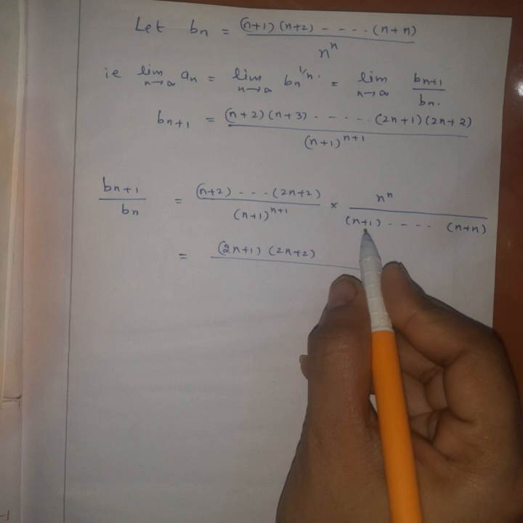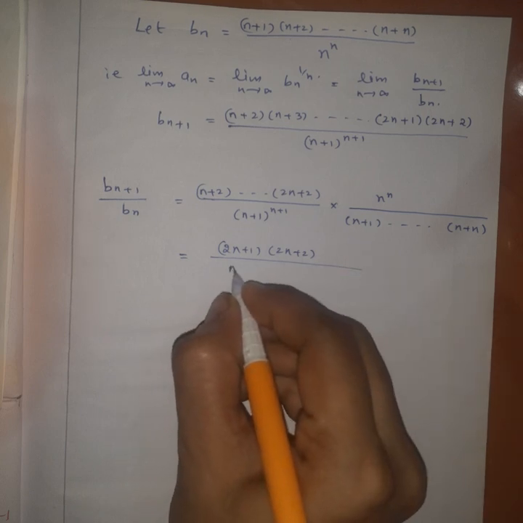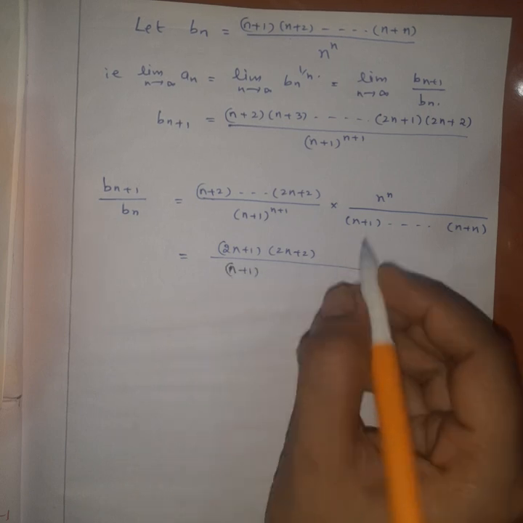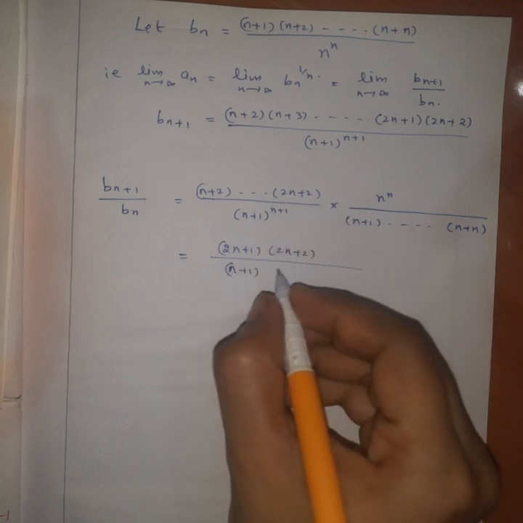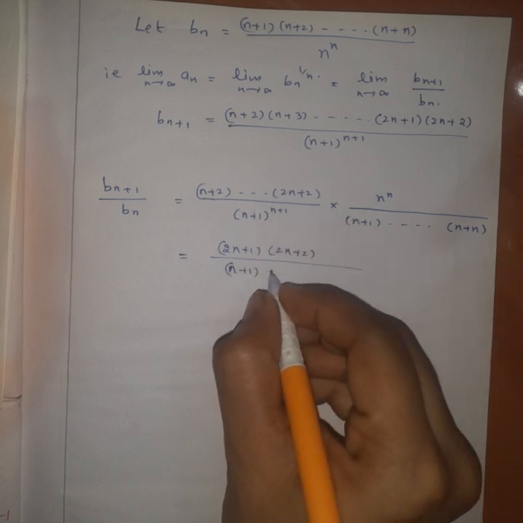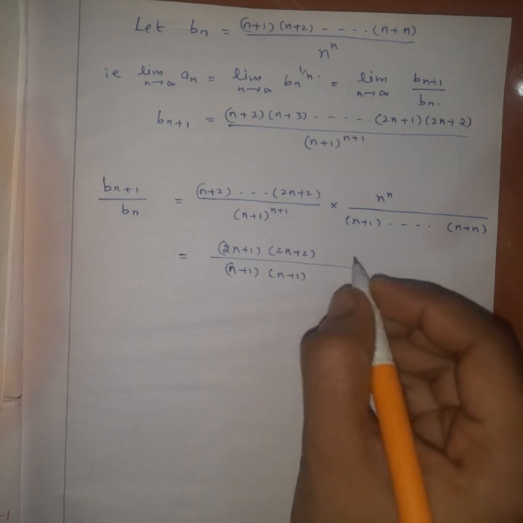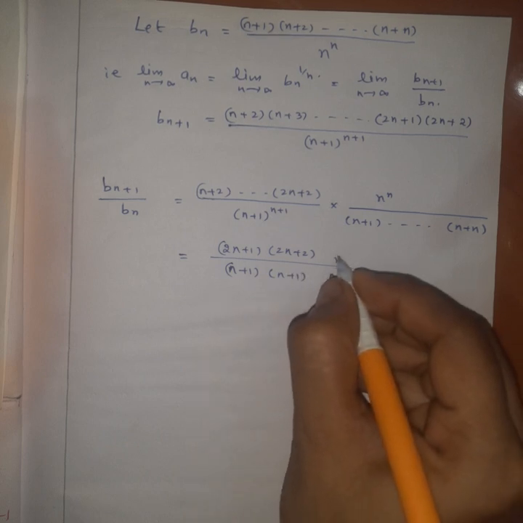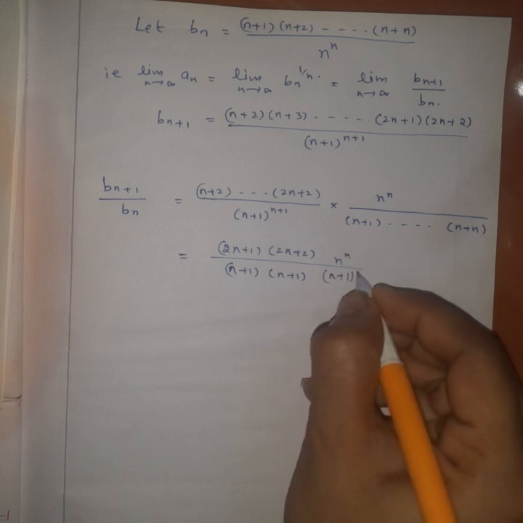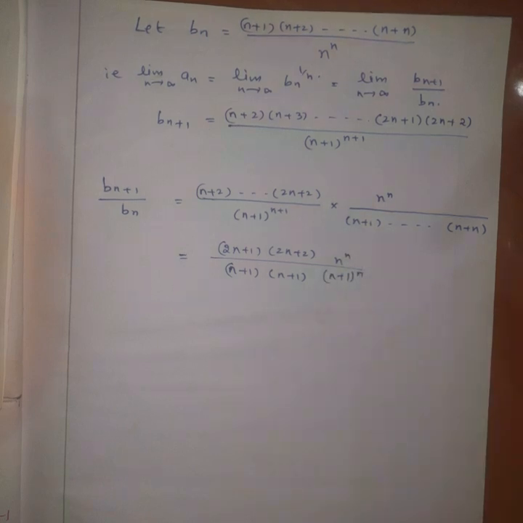Here n plus 1, one term remains, the remaining terms cancel each other, and here we have n plus 1 to the power n plus 1 and n to the power n. So I will write like this.